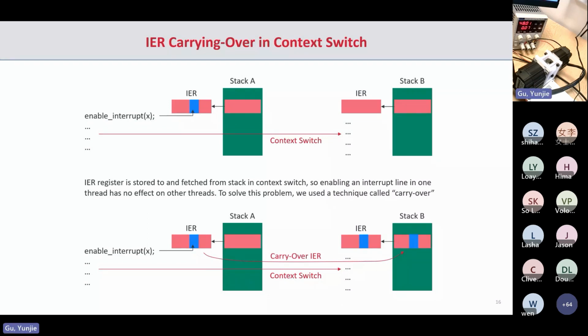We use a technique called context carrying over. When we do the context switch, we know the address of the IER register of the stack to be switched to, and we copy the current IER content to that address, which carries the IER register over to the new thread, so that the interrupt status is kept effective globally.